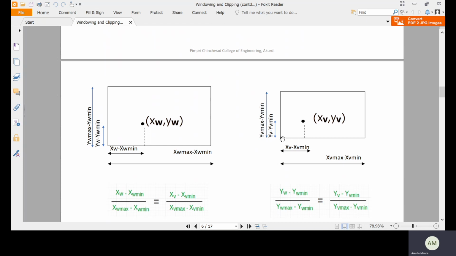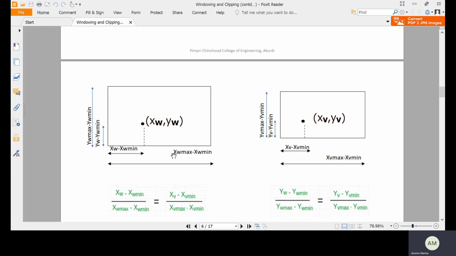As we can see with the naked eye, this viewport is smaller than the window. The bottom left corner of the viewport is xv min, yv min, and the top right corner is xv max, yv max. We are saying that this point xv, yv is equivalent to xw, yw.